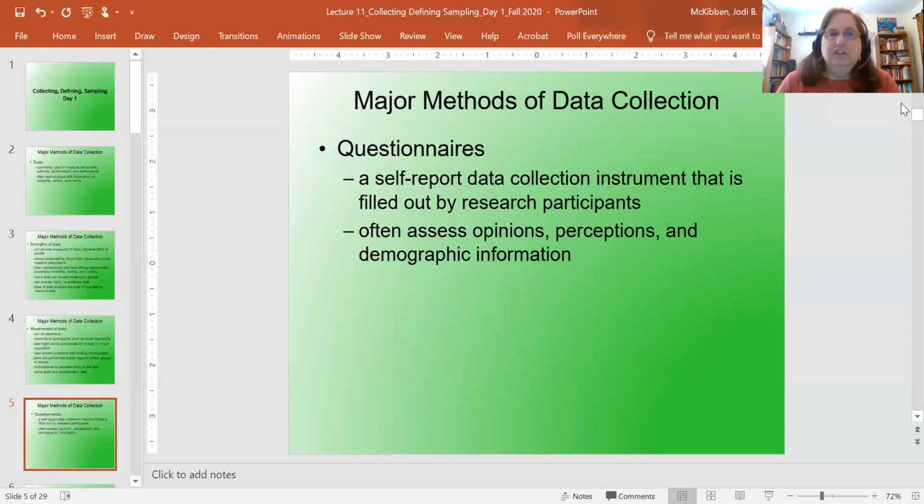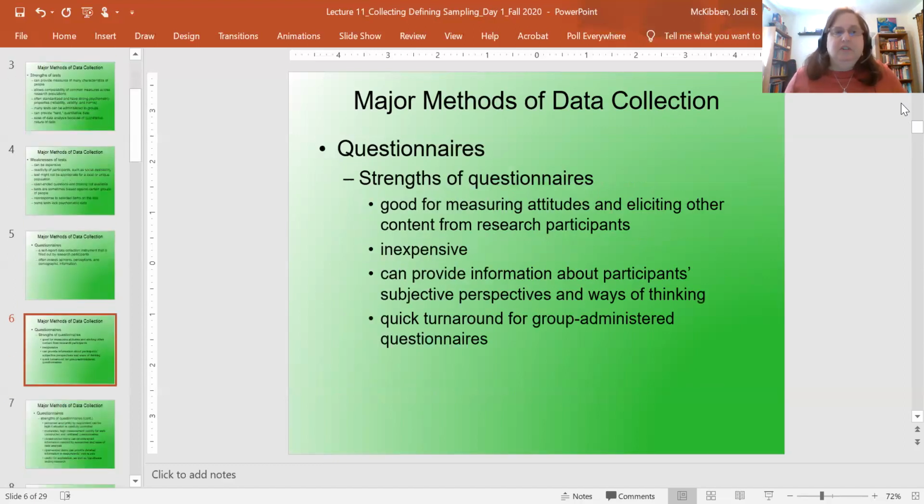Questionnaires. This is a self-report data collection instrument that is filled out by research participants. It often assesses opinions, perceptions, and demographic information. They're good for measuring attitudes, eliciting content, opinions, all those sort of things. They tend to be inexpensive.